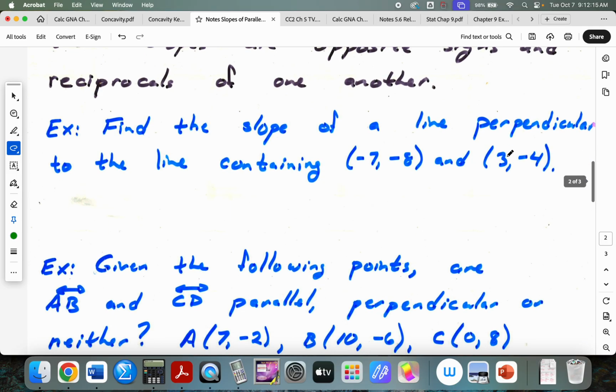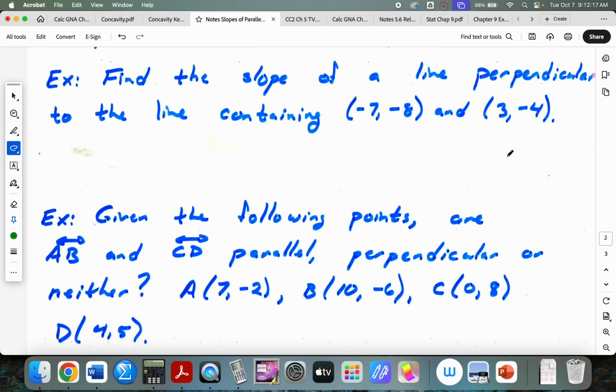So here, let's find the slope of a line perpendicular to the line containing the points -7, -8, and 3, -4. So the slope of the original would be -4 minus -8. Like I said, I always start with the larger y first, but then I have to start with 3 minus -7.